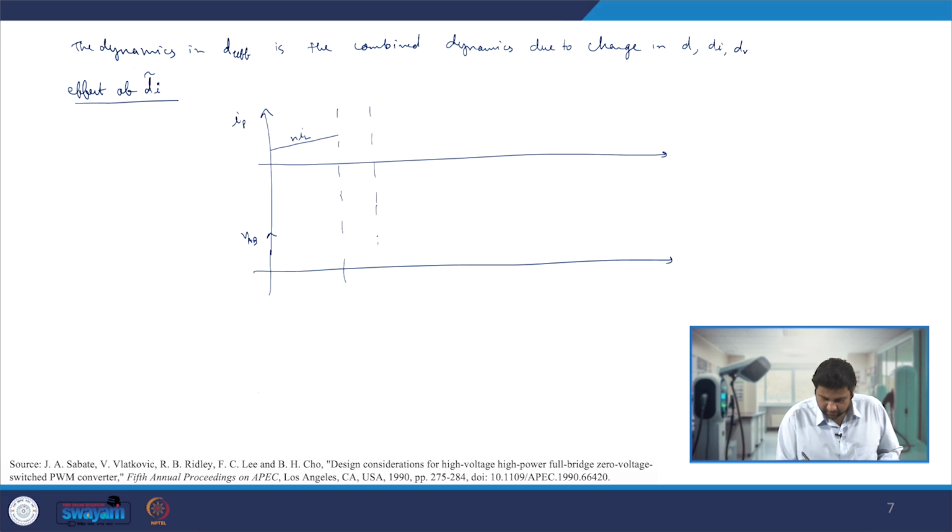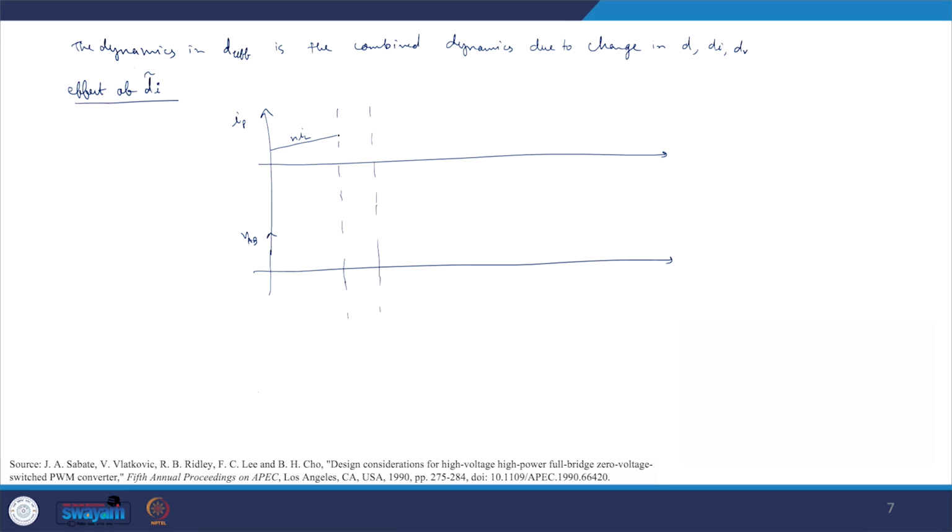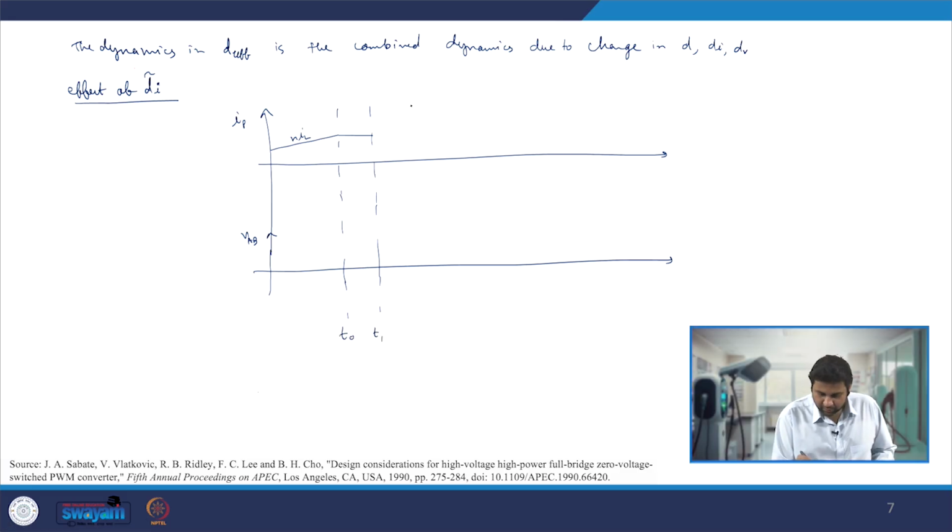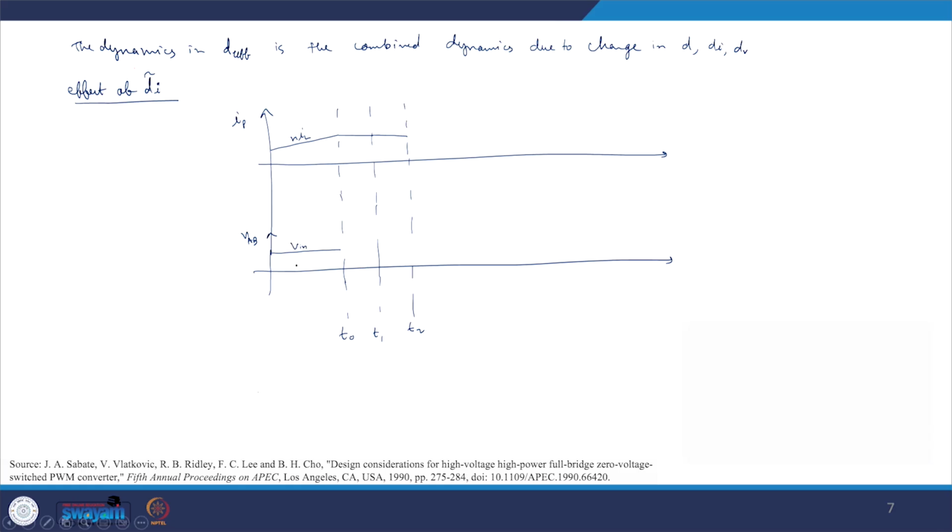Then from here to here it goes down like this, from T0 to T1, then from T1 to T2 it falls down again, and at the same time my VAB was at V in, and from V in it goes, after this point, to 0 with a slant, and from there it goes to 0 here.